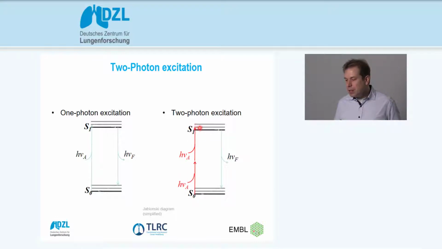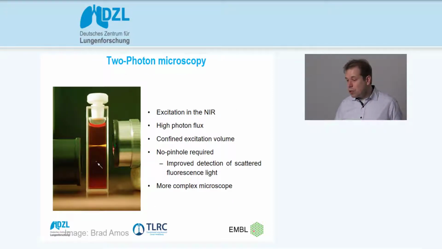We have the energy transfer happening, and then we get a photon out, but this is blue shifted, so this has a higher energy. But the most important part is that this interaction has to happen within this short time frame, pretty much instantaneously. So we need really a high number of photons in that area, so a high photon flux.